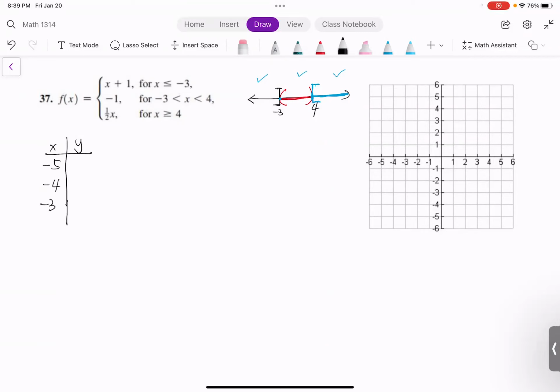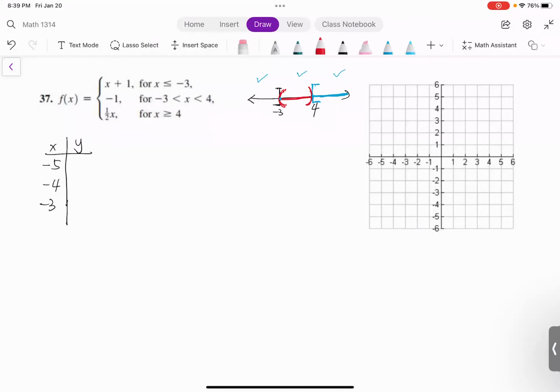We must have -3, important. Here this is a solid circle, so we don't need to make any mark. But in these 2 areas, -3 and 4 in the second interval, we must have open circles.